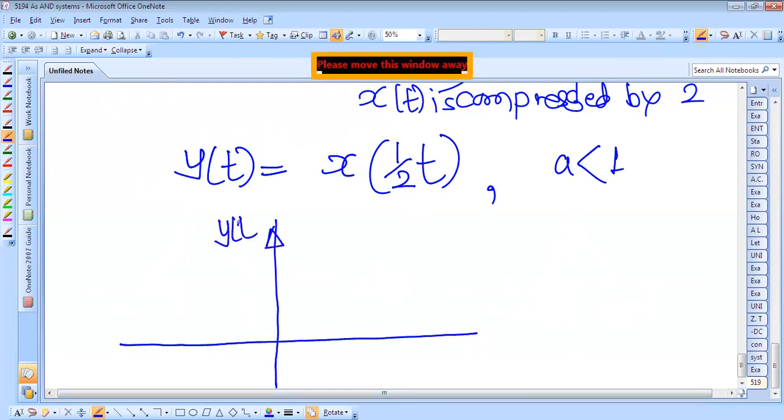This is y of t, this is 0, this is minus 2 and this is plus 2.